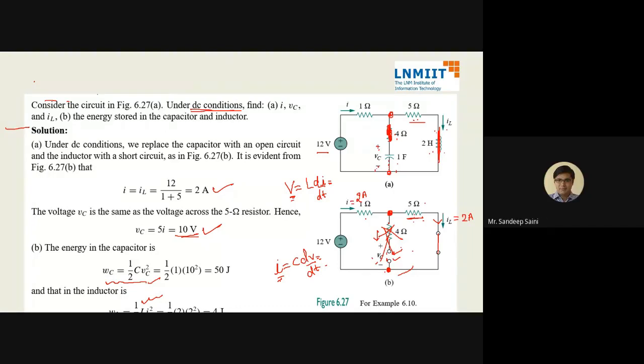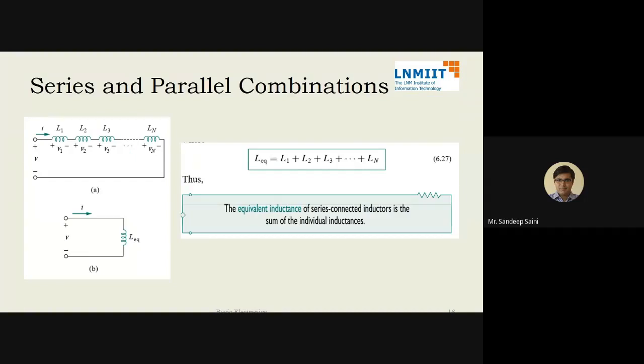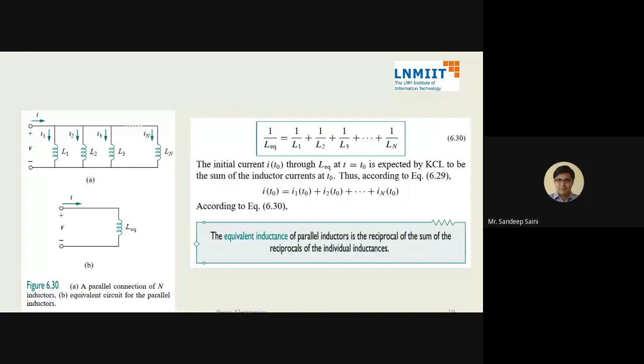Right. So now the series and parallel combinations of inductors are already known to you. Series combinations are very similar to resistor series combinations, and parallel combinations are also the same as resistor parallel combinations. Is that fine?